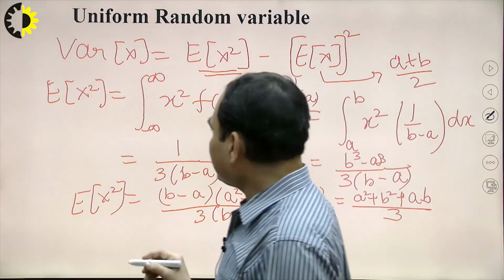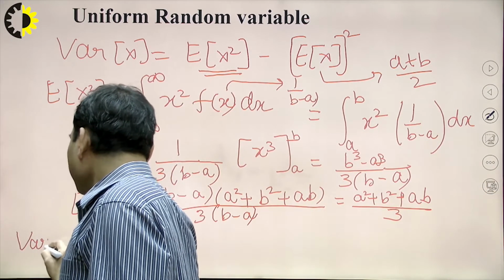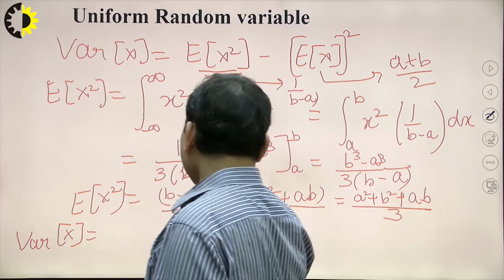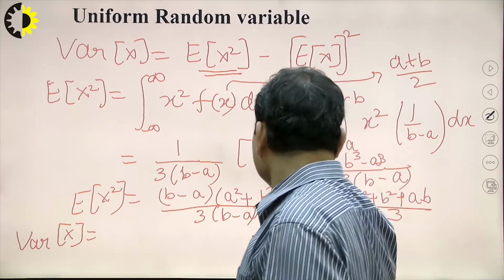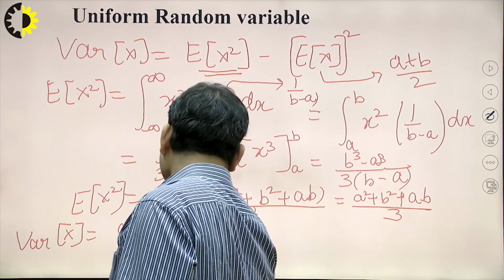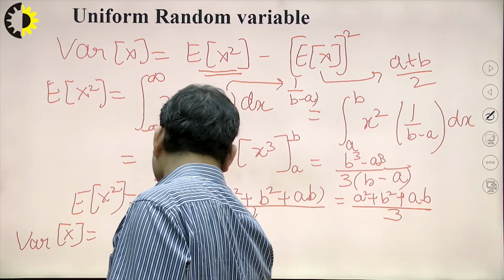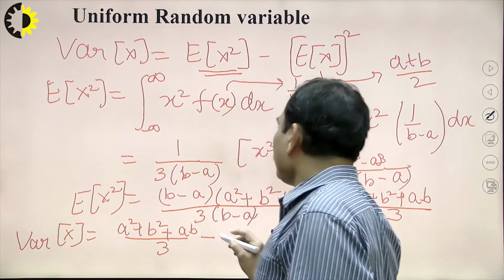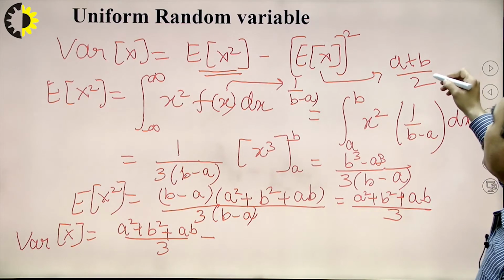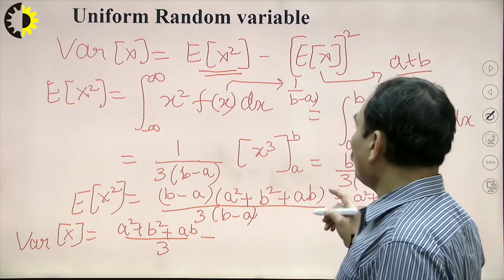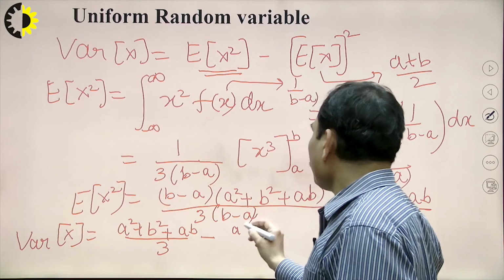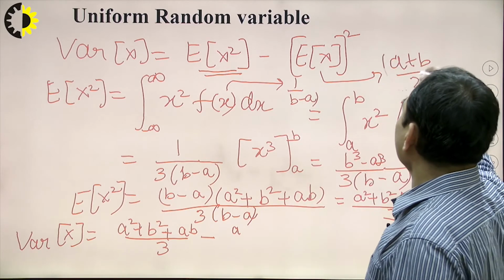So, what we are getting is that the variance of x is nothing but, substituting the expected value of x square from this, (a square plus b square plus ab) by 3 minus the expected value of x, that is (a plus b) by 2, whole square. So, we have to take (a plus b) whole square. I am directly expanding it.